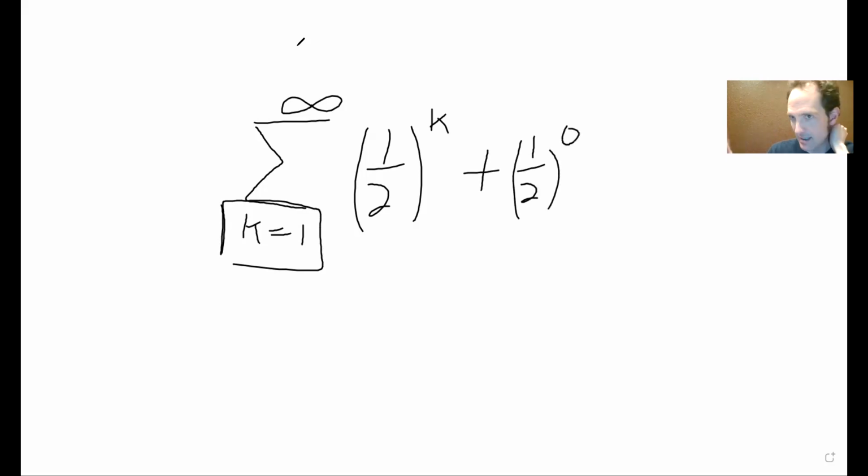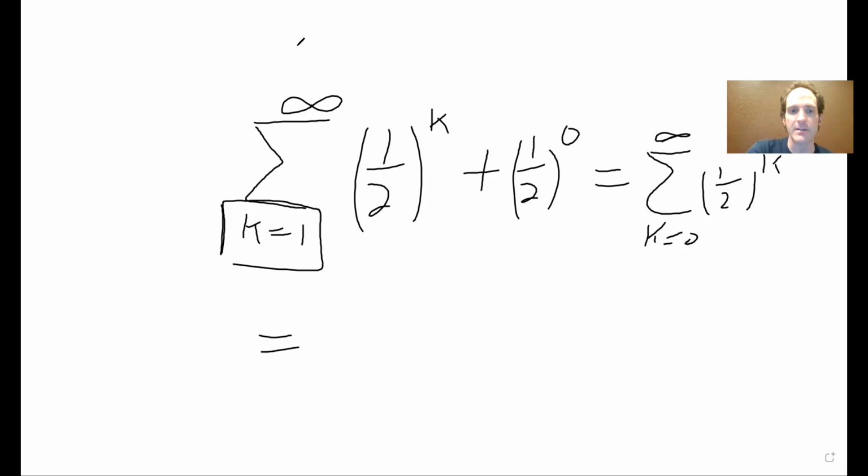So notice I'm missing the k = 0 term in this sum. So I could add in a 1/2 to the 0. And then in the end, I just have to subtract that 1/2 to the 0 off. Okay, so I'm adding 1 to this series. And so I'm looking at the actual series k = 0 to infinity, 1/2 to the k.